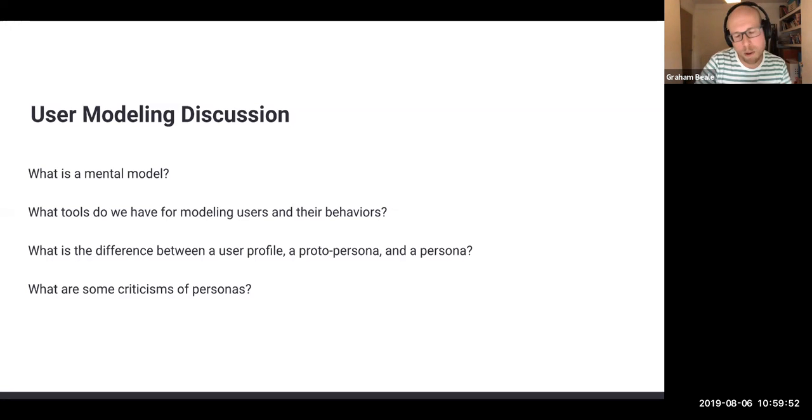Yeah, and the other thing about personas is there's some criticism around them becoming less important as your teams become more user-centered. So in the early stages of product development, maybe you don't have a product to start off with, so you're developing a new product. Personas can be really important to understand that target audience. But once you have that product and it's live and it's working, you will continually get feedback into that development team.